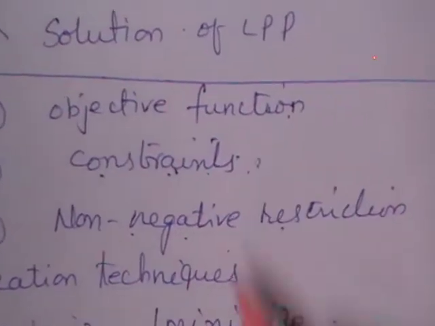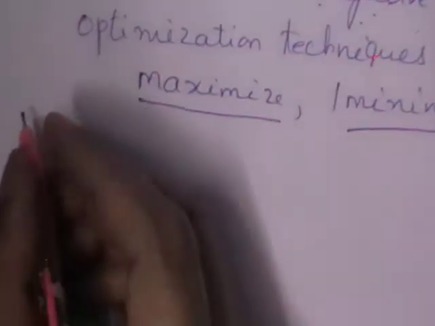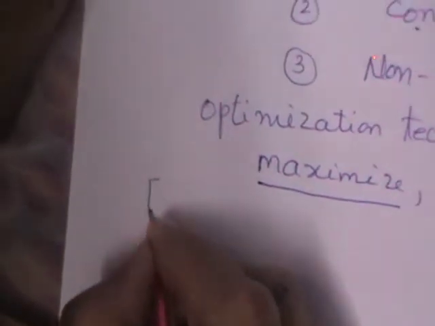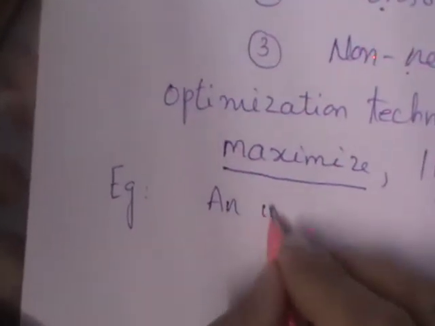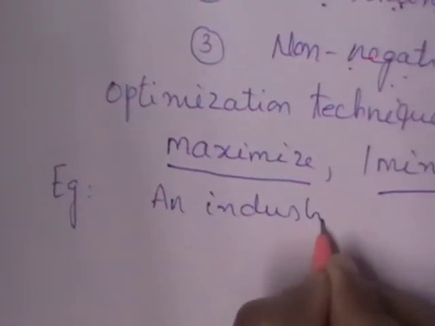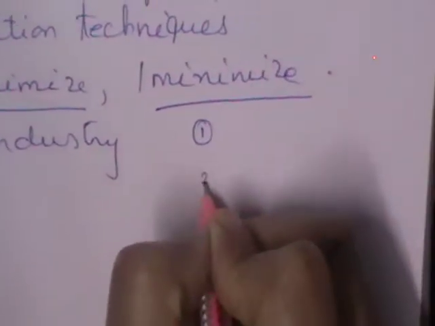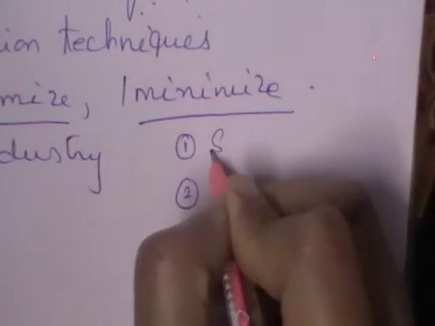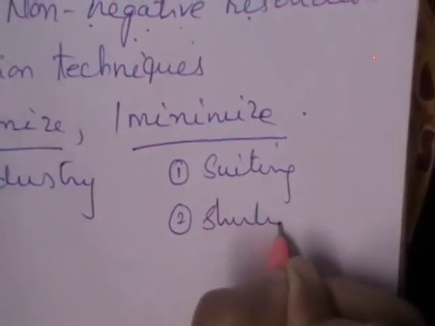So let us see what an objective function represents, what a constraint represents, and what a non-negative restriction represents. Let us take a simple problem: an industry which produces different types of articles, say suitings and shirtings.